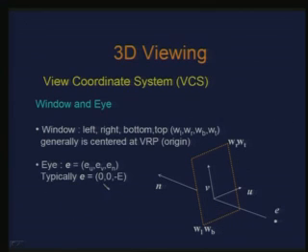Now, typically we observe that the line of sight is actually defined in such a way that it coincides with the normal of the viewing plane, right. So, line of sight is actually the normal of the viewing plane. Okay.